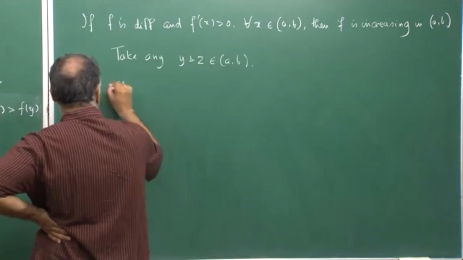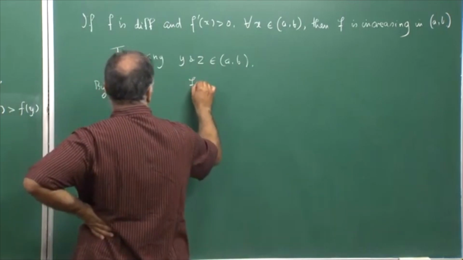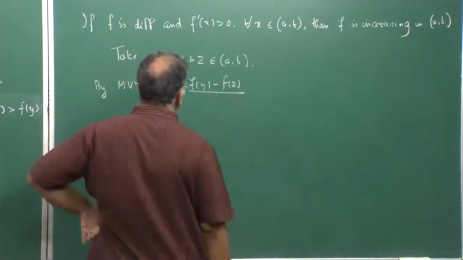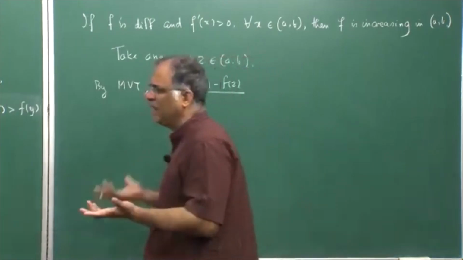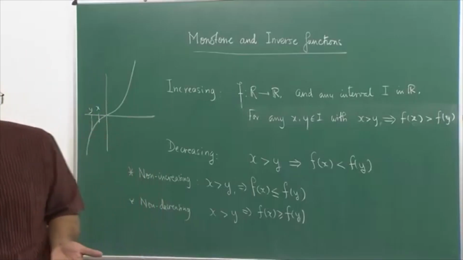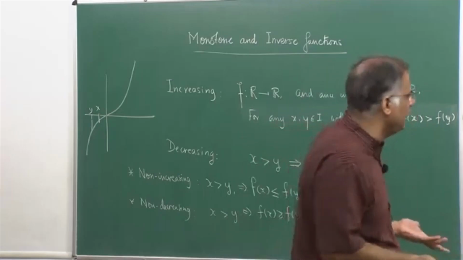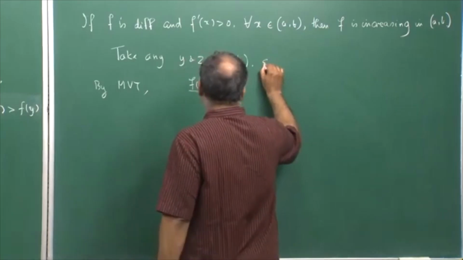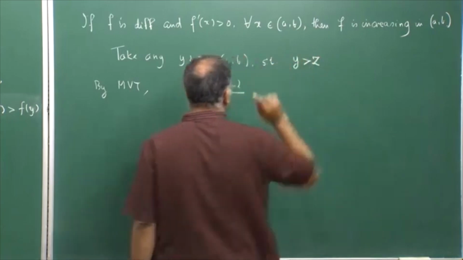Then by the mean value theorem you have f(y) minus f(z). So, take y and z in (a, b). Among them either y is bigger than z, or y equals z, or y is less than z. Obviously we can't choose y equal to z, then the function value remains the same. So choose it in such a way that y is strictly bigger than z.